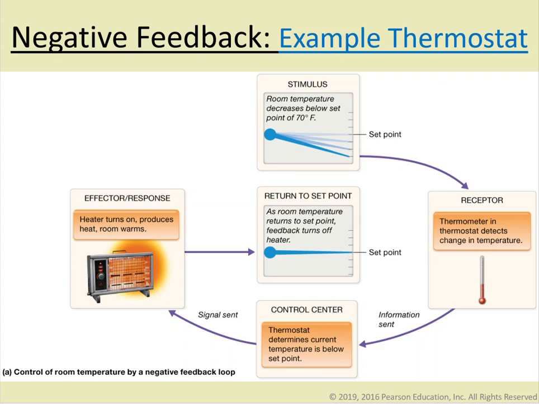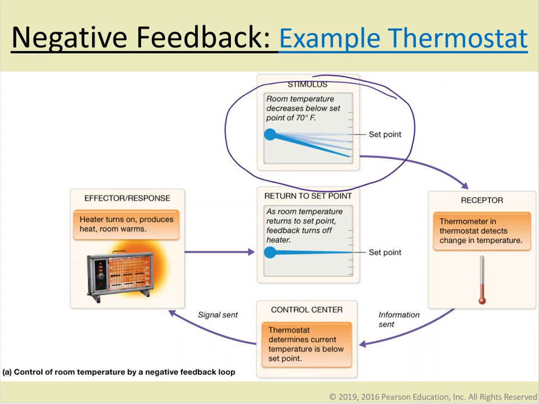So the thermostat in your house does something called negative feedback, which is where if it's cold outside, right, then the temperature in your house might drop a little. And if the temperature drops and you have your thermostat set at 70 degrees Fahrenheit and the temperature just dropped down to 69 or 68, what's going to happen is that in your house, the heater is going to kick in and it's going to start warming up the house, right?